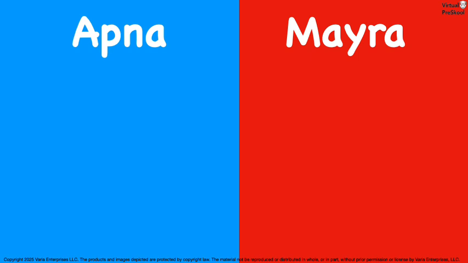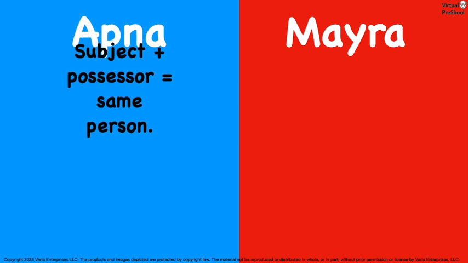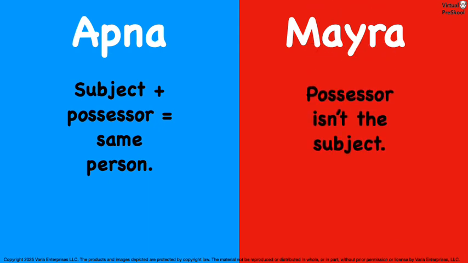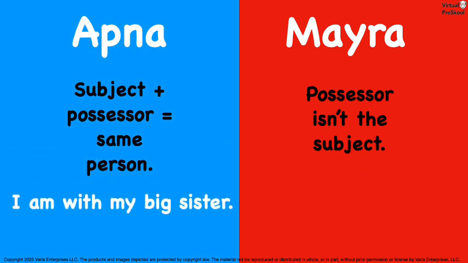So what's the difference? How are apna and mera different? Okay. Well, apna is when the subject and the possessor are the same person. Where mera, they are not. The possessor is not the subject of the sentence. Okay, that's one key difference.